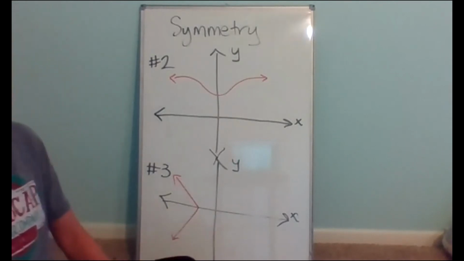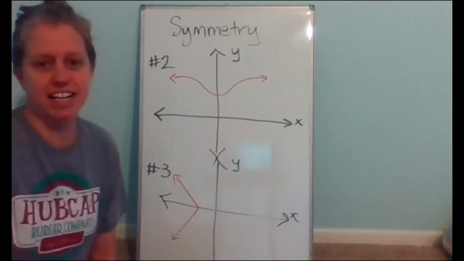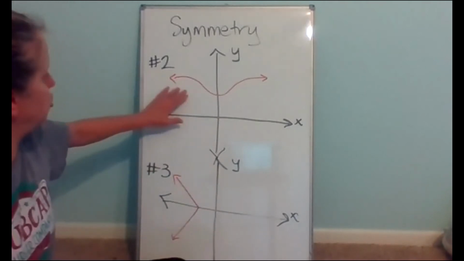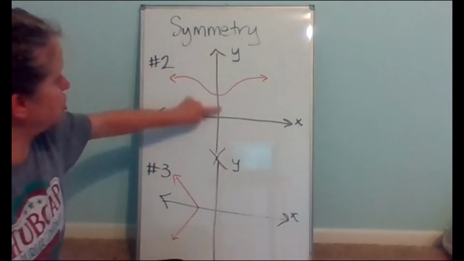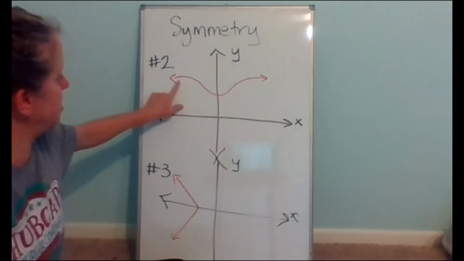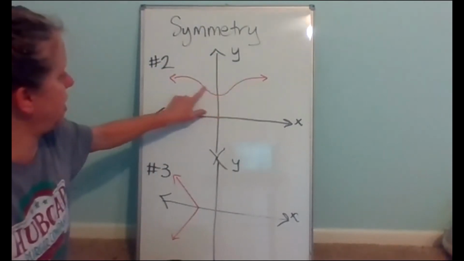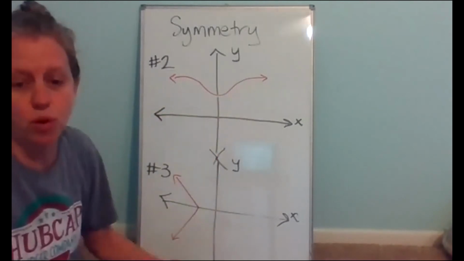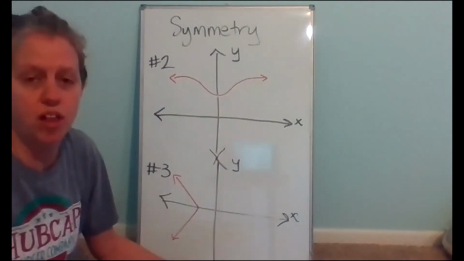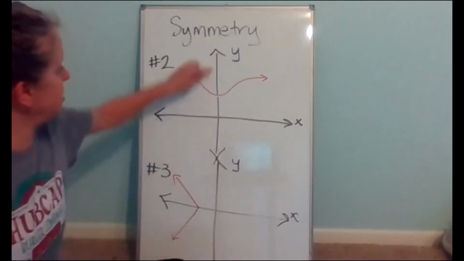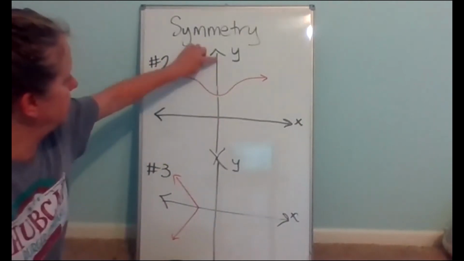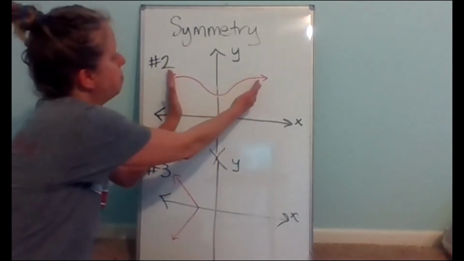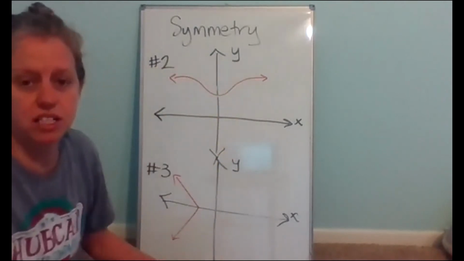Okay, if you are symmetrical with the y-axis, like this on number 2, so this is your y-axis, and if you're symmetrical with it, that means the same thing is happening on both sides of the y-axis. Or another way you can look at it is if you could fold this like a sheet of paper on the y, both sides would lay on top of each other.